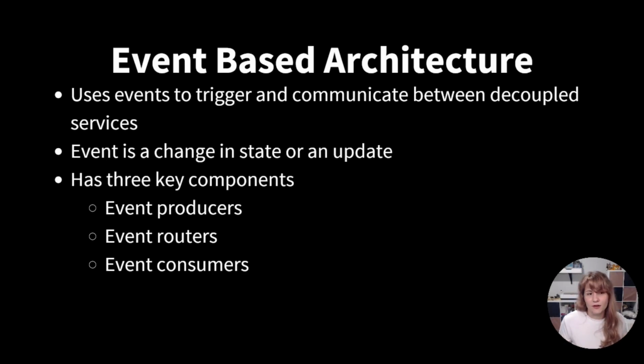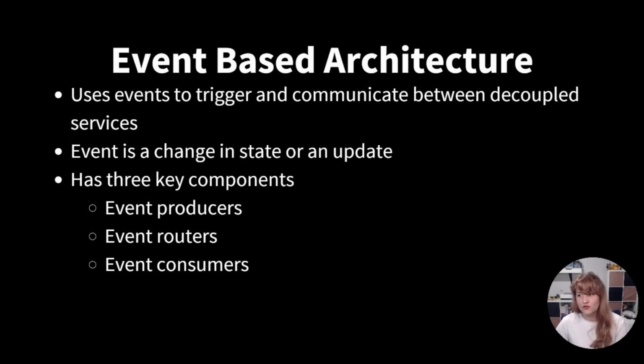In event-based architecture, an event is a change in state, or it can be an update. So it could be like when you're on Amazon and you place an item in your shopping cart. Events can even carry a state, like the item that's being purchased or the price. And events can also be identifiers, like a notification that an order was shipped.